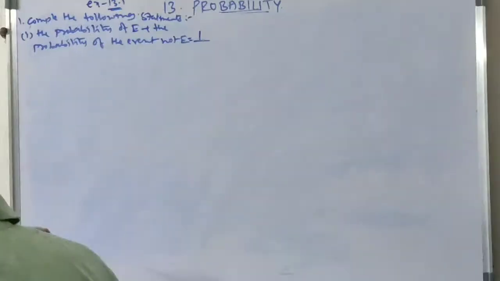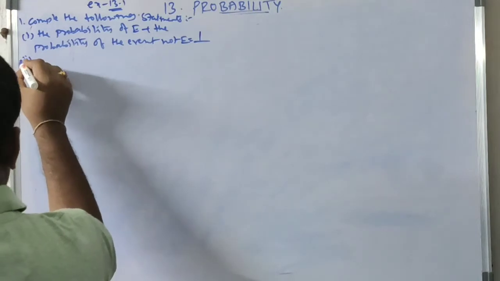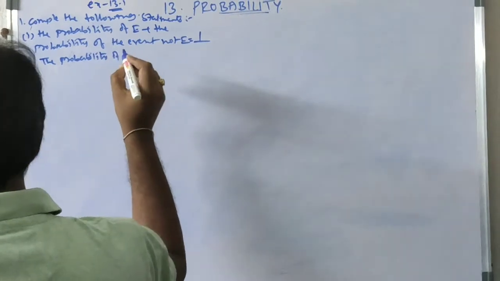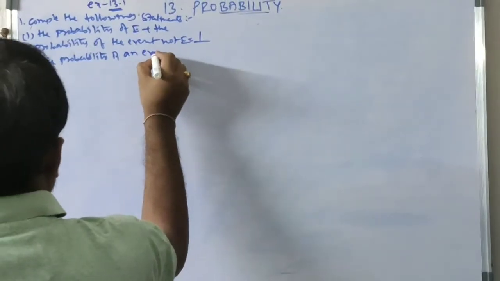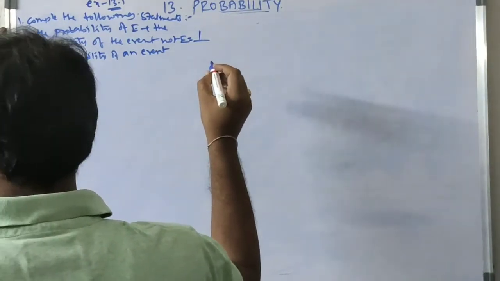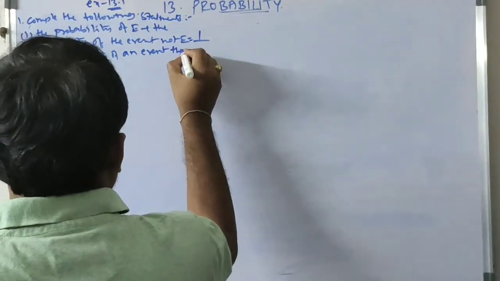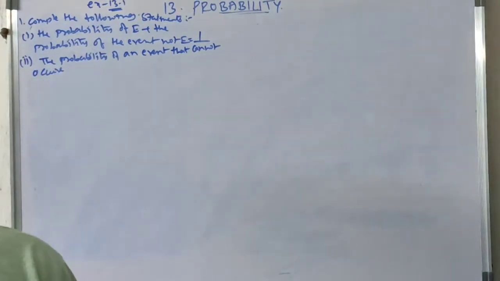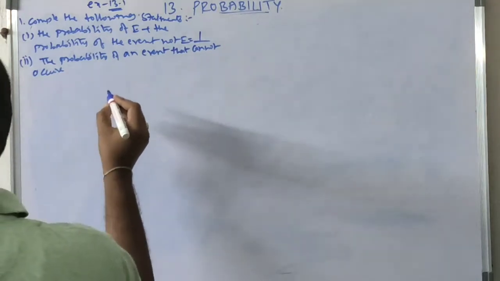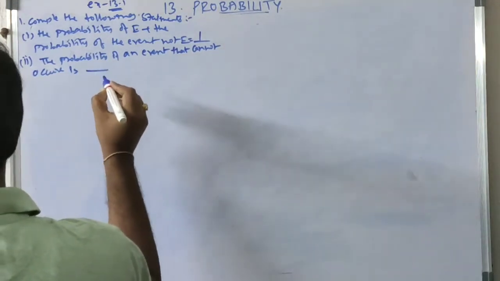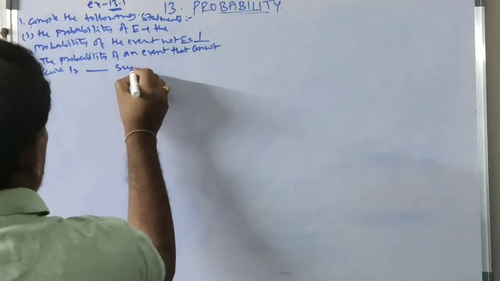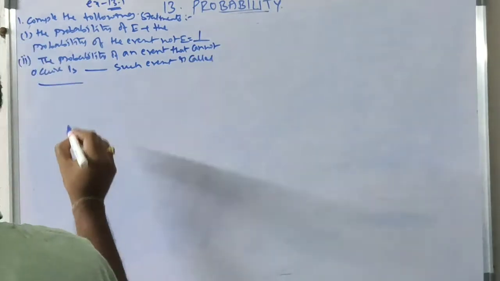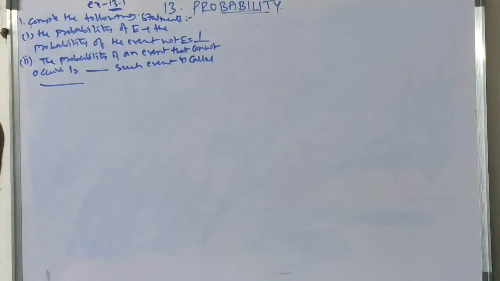Next, second, the probability of an event that cannot occur is dash.